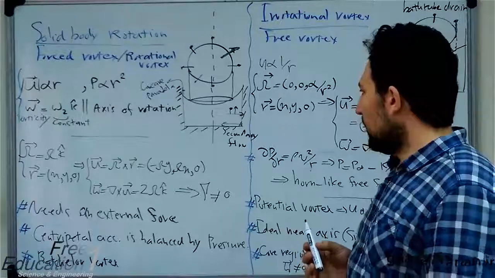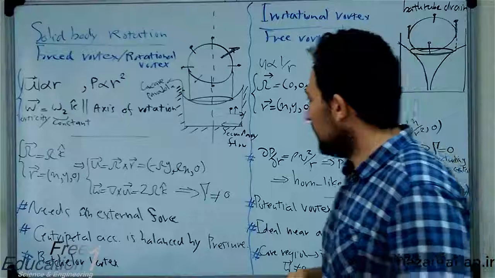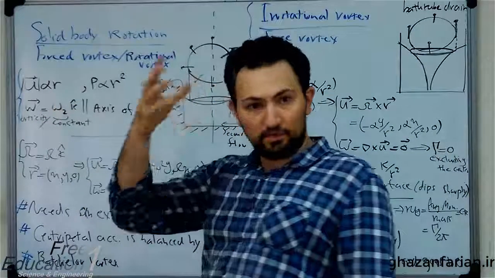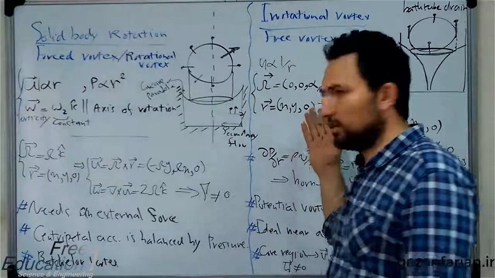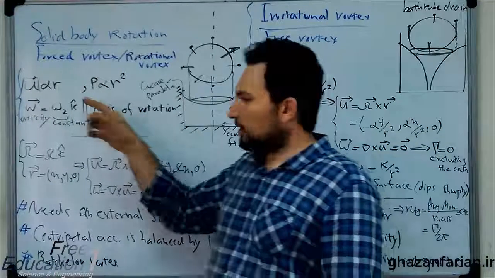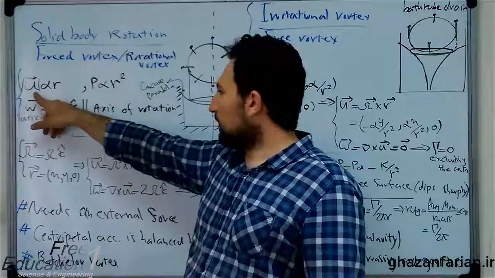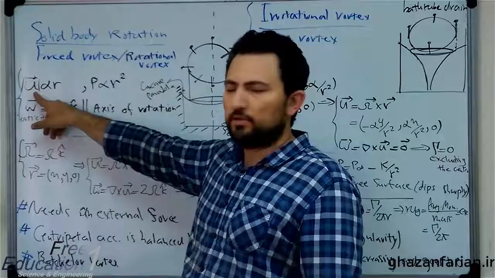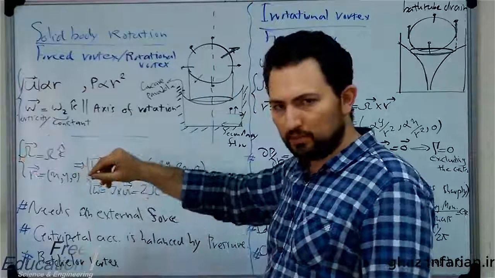so the flow field is rotational in this case. From a mathematical viewpoint, we have proved in elementary fluid mechanics that the velocity distribution in the radial direction is linear, because this is solid body rotation, and the magnitude of the velocity vector is proportional to the first power of the distance from the centerline, the axis.